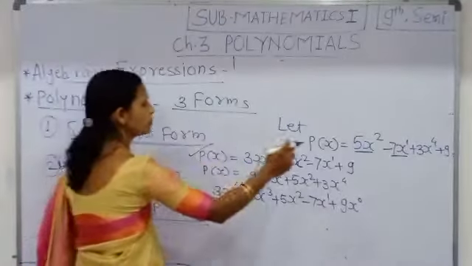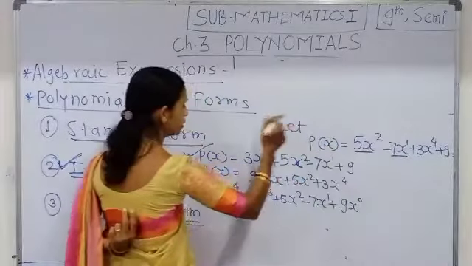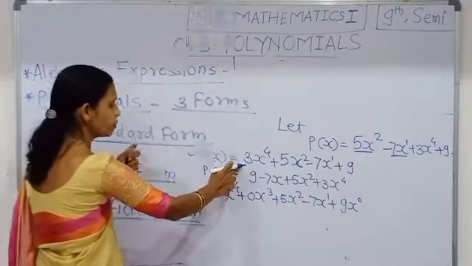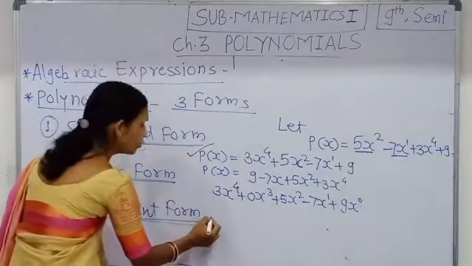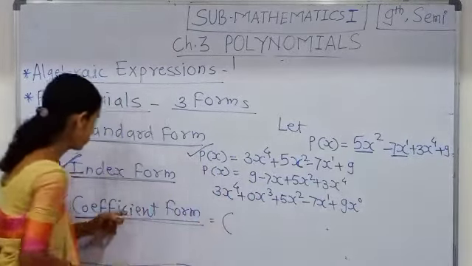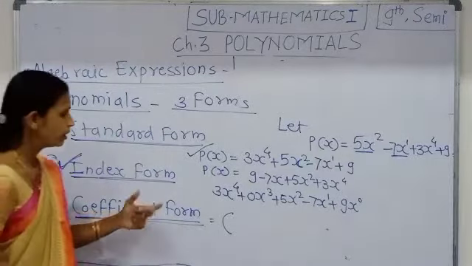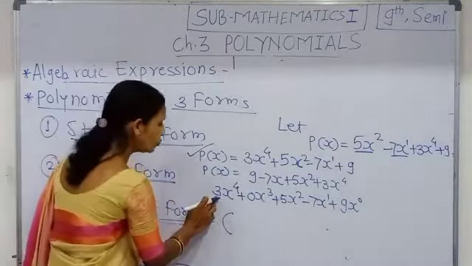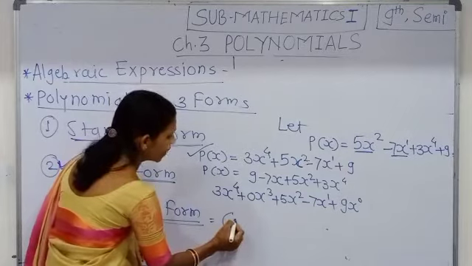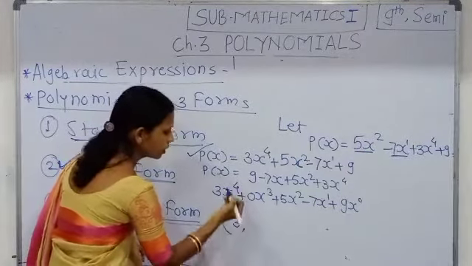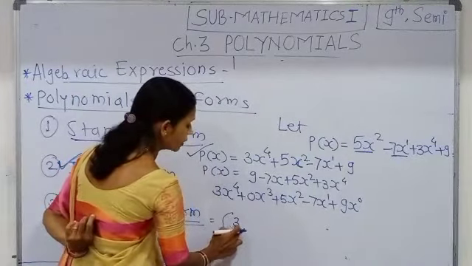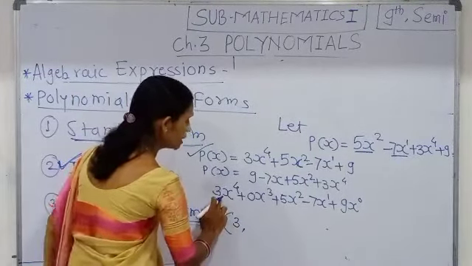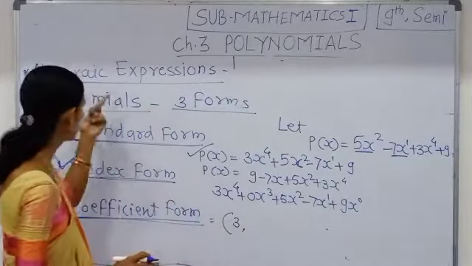Then only the coefficients are written in a bracket, separated by commas. That is the coefficient form of the polynomial.